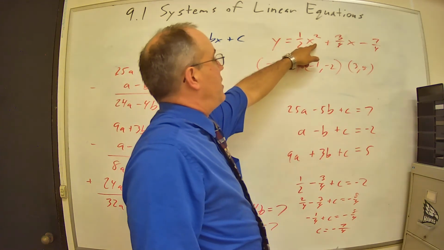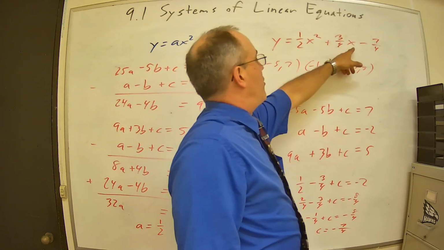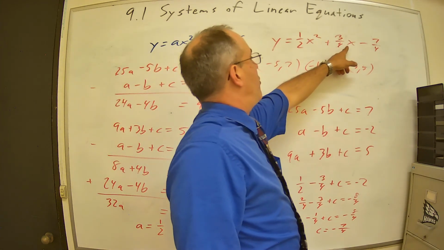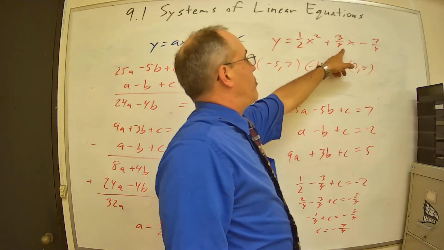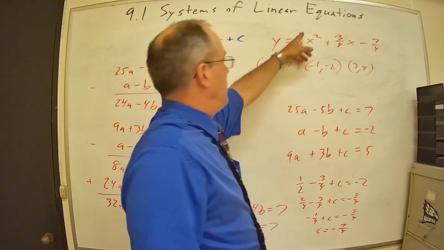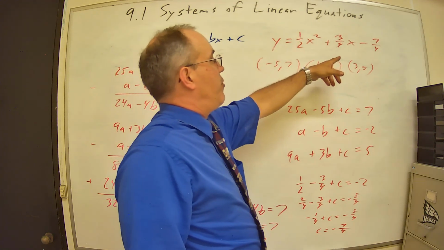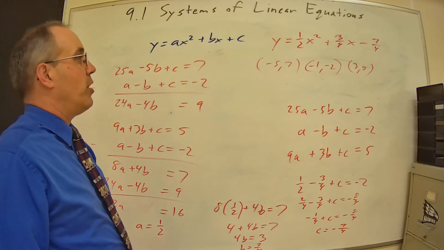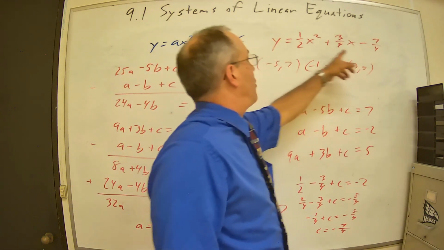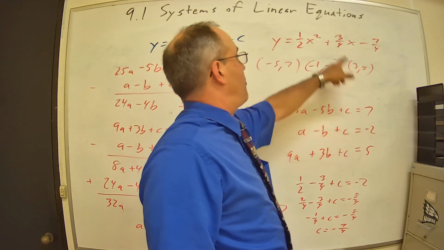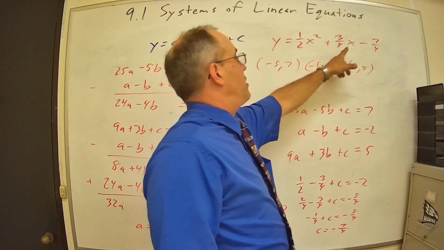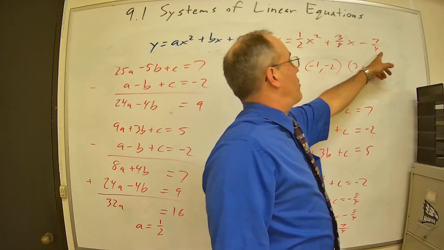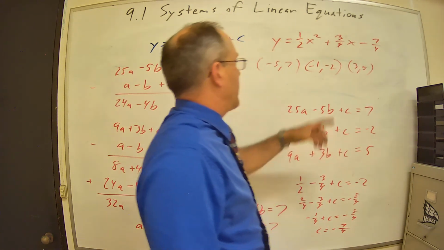1/2 times 1 is 1/2. 3/4 times negative 1 is negative 3/4, so I've got 1/2 minus 3/4, or 2/4 minus 3/4, minus 1 minus 7/4, so 2/4 minus 3/4 gives us negative 1/4, minus 7/4 gives us minus 8/4, or negative 2.